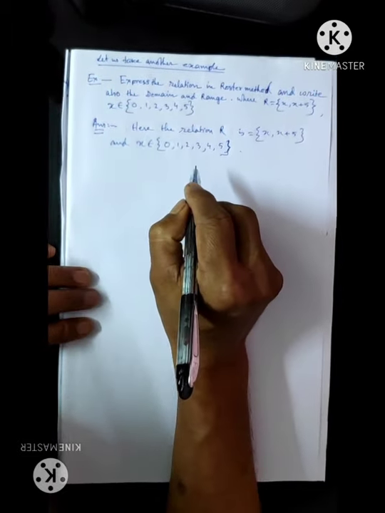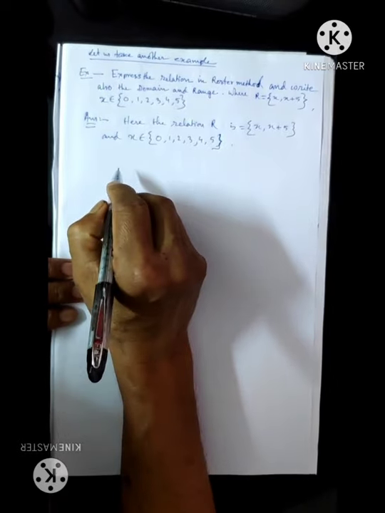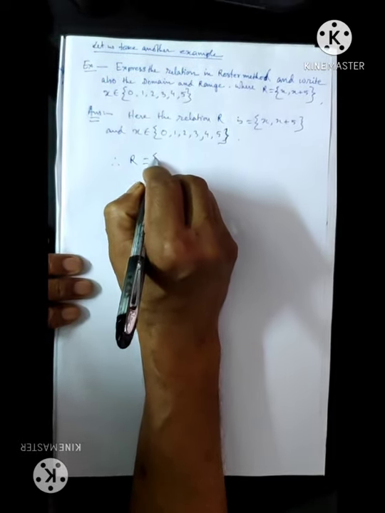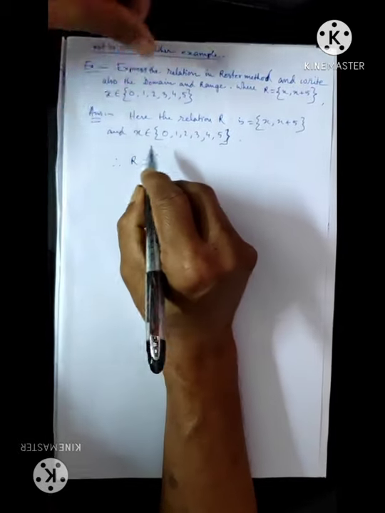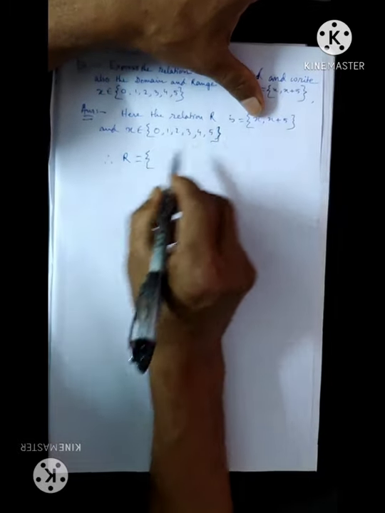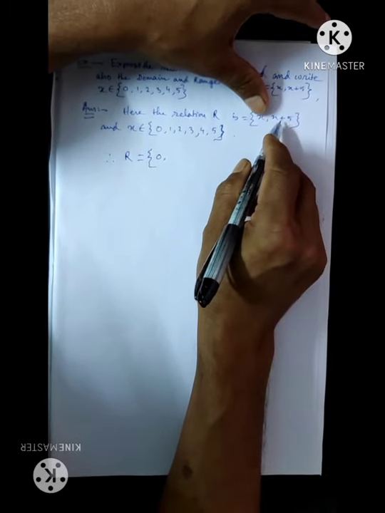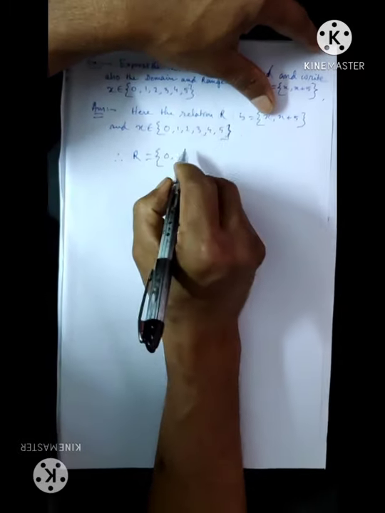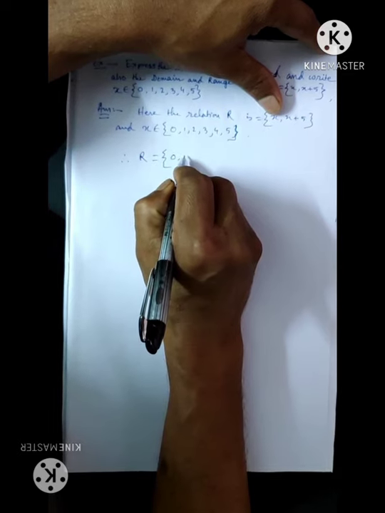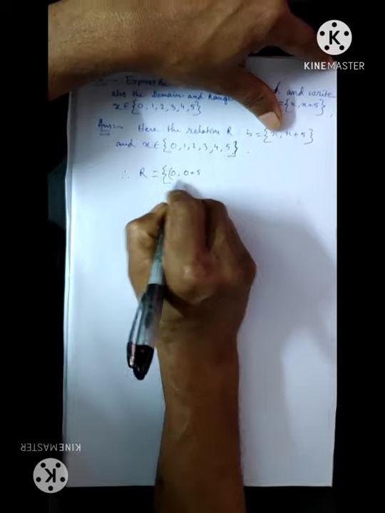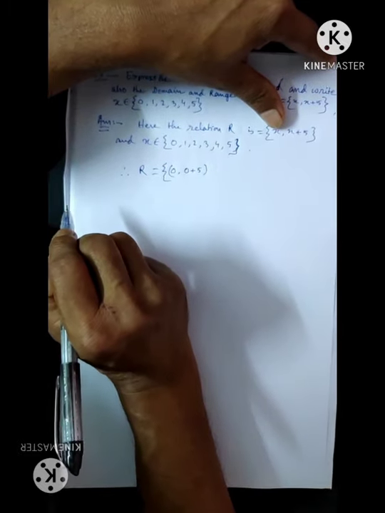Again, R is equal to... if x is 0, then x plus 5 means 0 plus 5. 0 plus 5 means 5. This is an ordered pair.